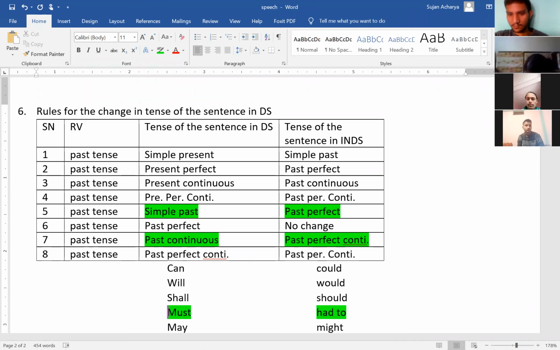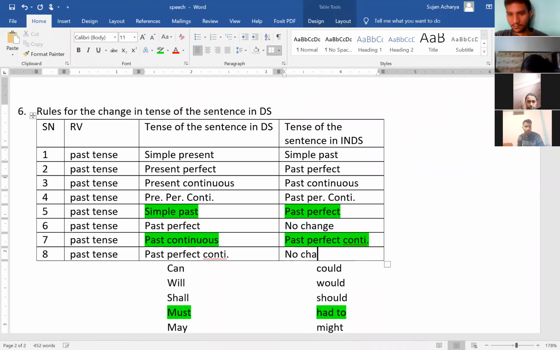So just have a look. Have a close look at the rule of the tense change while changing sentences from direct to indirect. Number 8, no change. Number 6, no change. All the sentences in present tenses go to their corresponding past tenses.